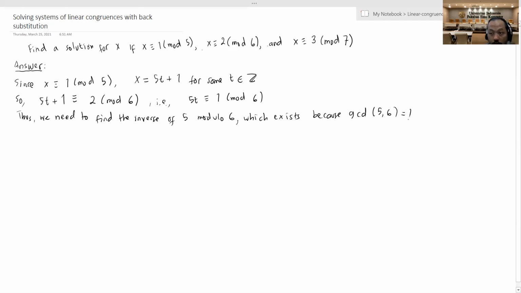Now, we know this, but we want to use the computation of the GCD to actually get the inverse.